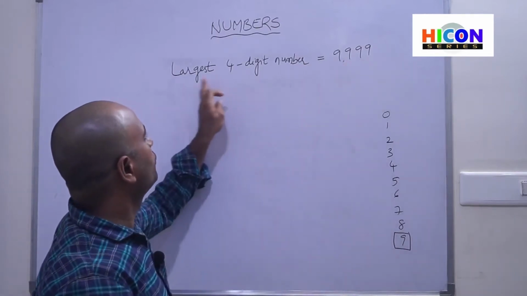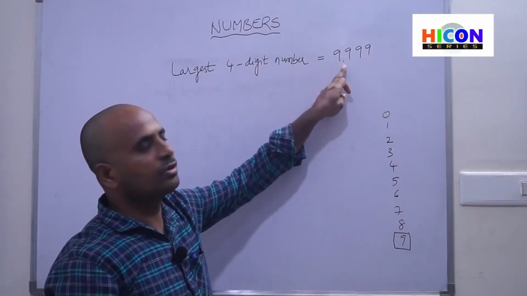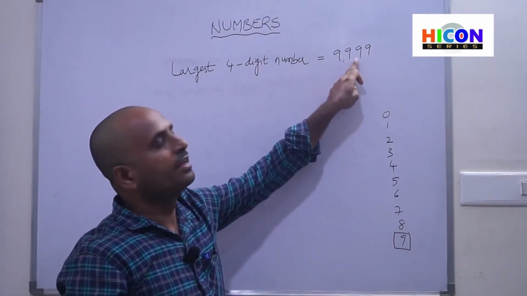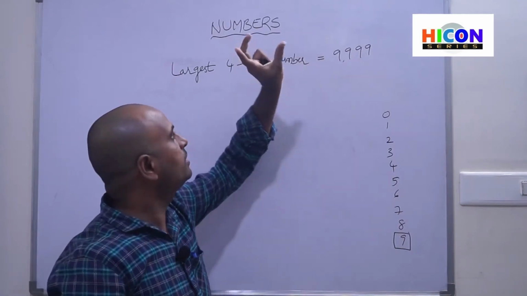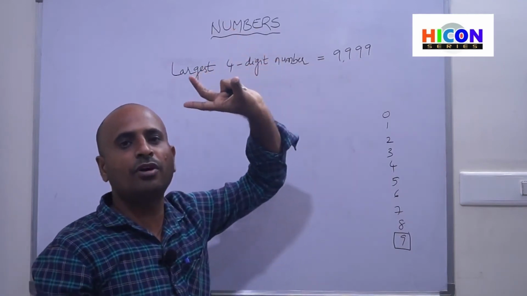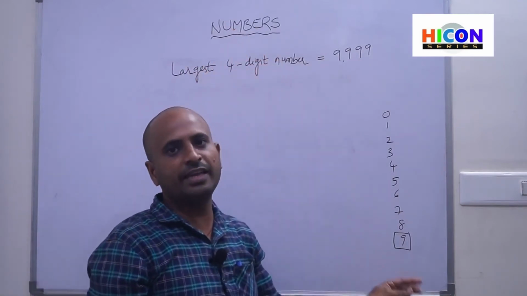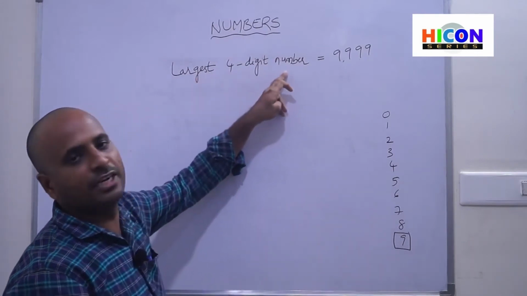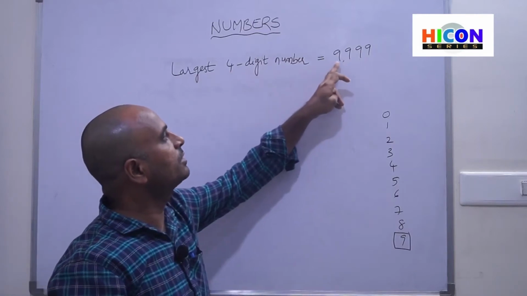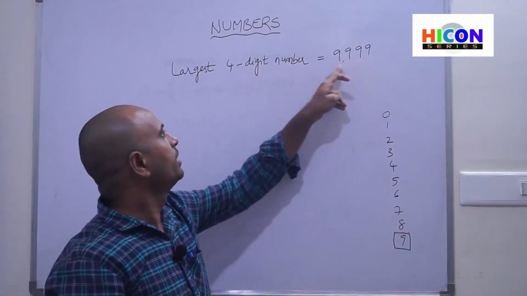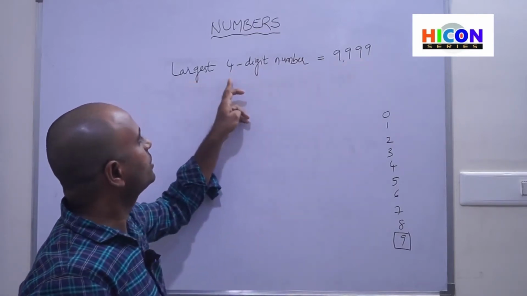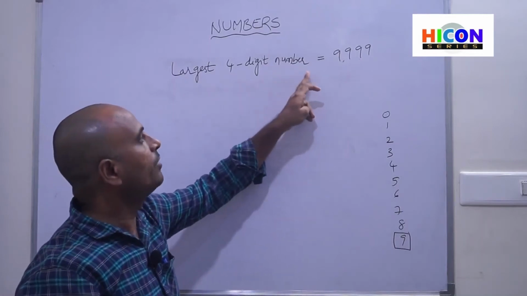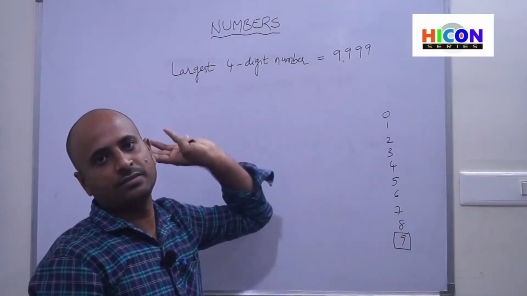The largest numbers can be formed by using the digit 9 only. If we want the largest 3-digit number, we just write 3 9s. If we want the largest 2-digit number, we write 2 9s.